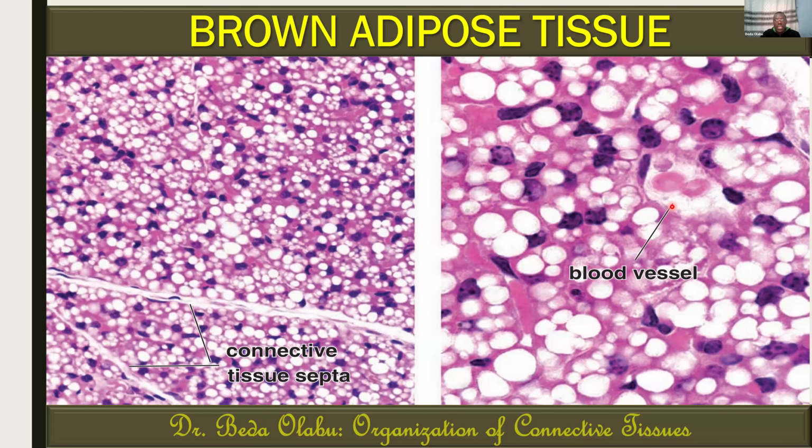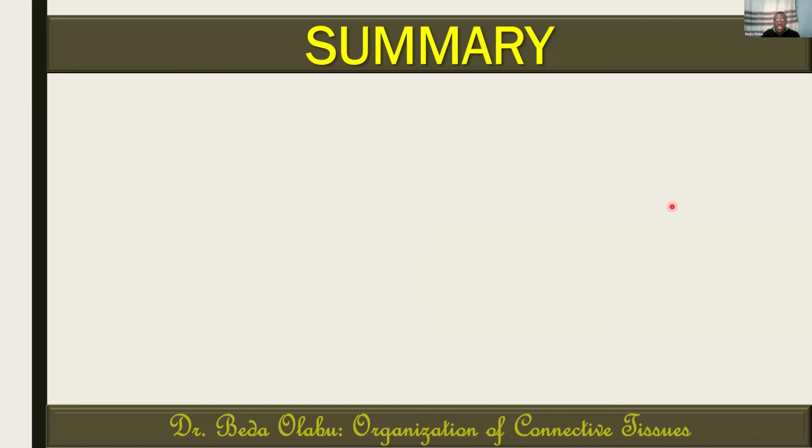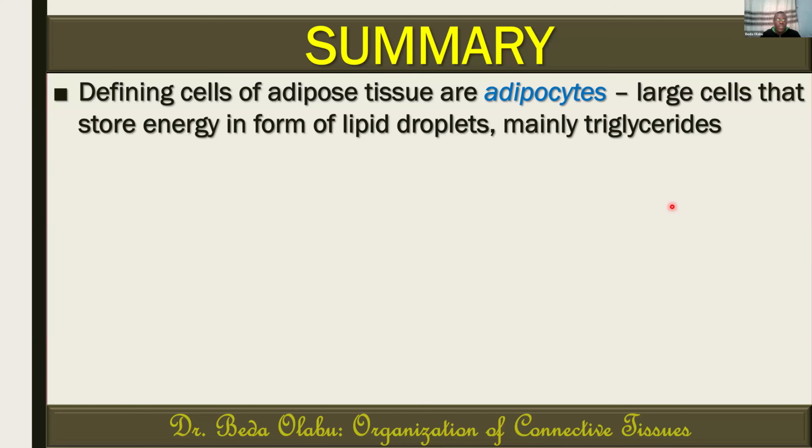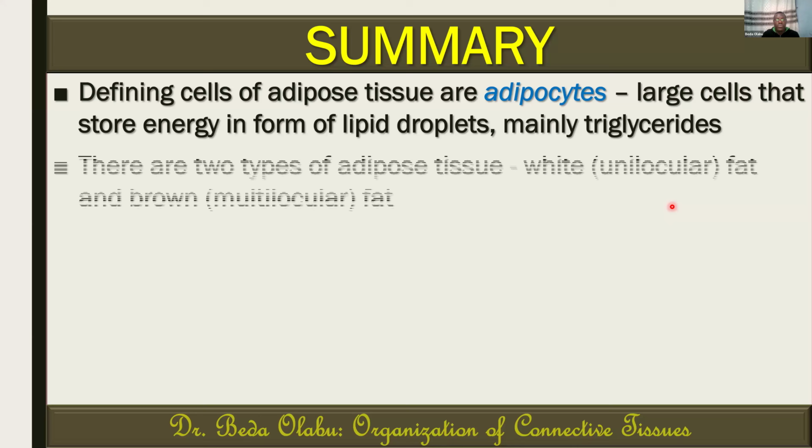Great. So that is brown adipose tissue. And that brings me basically to the end of this particular lecture. In summary, we have said that the defining cells for adipose tissue are adipocytes. Adipocytes are large cells that store energy in the form of lipid droplets, mainly triglycerides. And so tissues that consist primarily of adipocytes will be called adipose tissue.